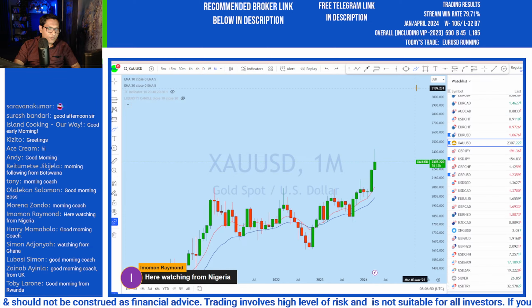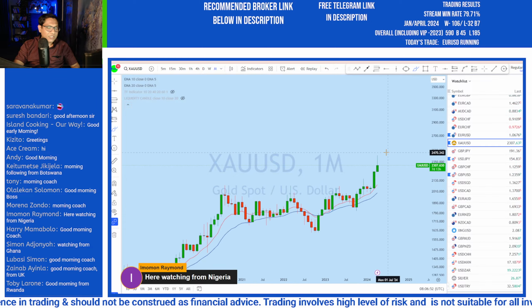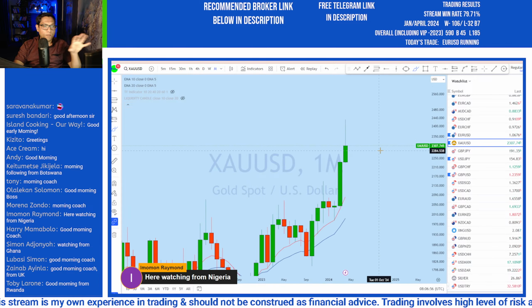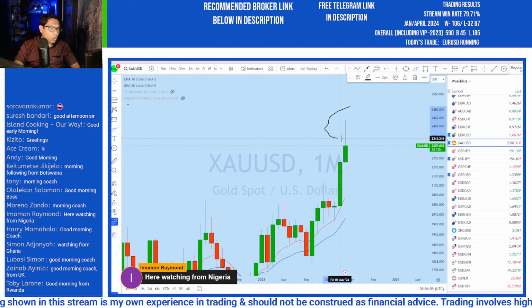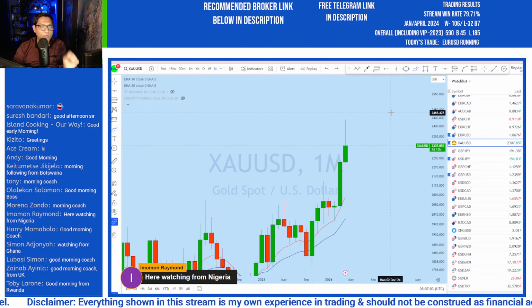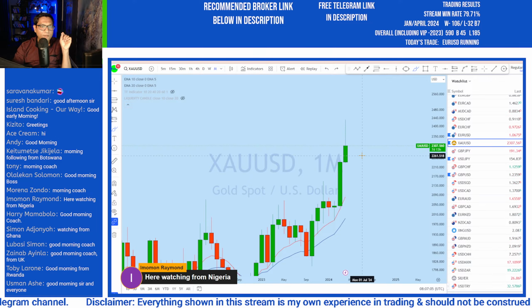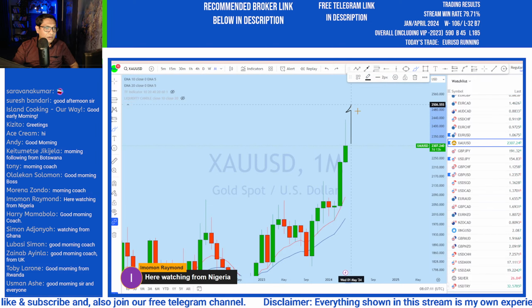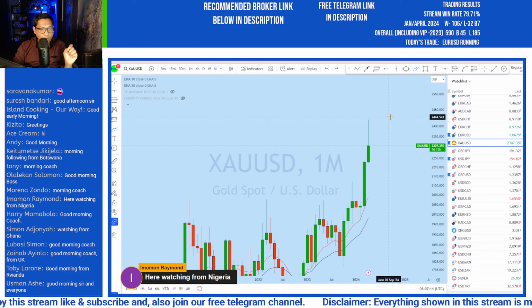Now if you look at the monthly breakout, the price on gold created an all-time high, and it's coming down for a pullback. So if you look at this long wick on the monthly, this long wick is absolutely important because that long wick is a potential pullback, and we might see the price again going up and also filling that long wick at the top, which is possible.